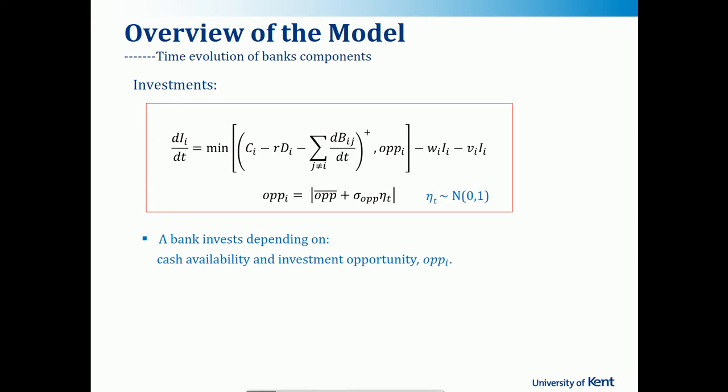The second factor is the stochastic investment opportunity at time t. This is described in the second equation. It assumes that the investment opportunity changes randomly around an average value.